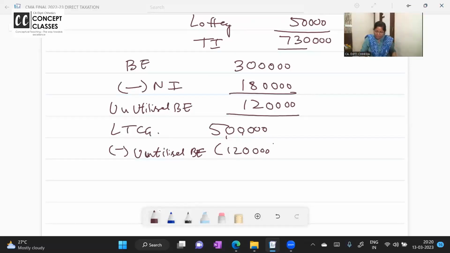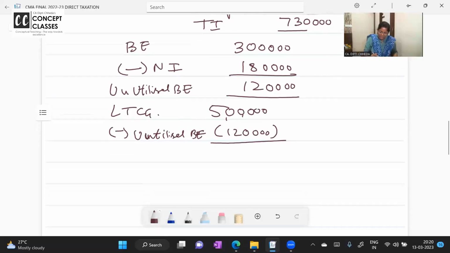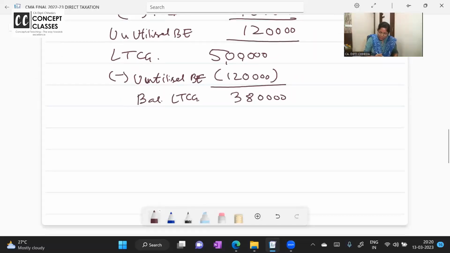So can you set off 120 here? Answer is yes. And then what is the balance taxable long term capital gain? 380. So what will be the tax on long term capital gain on property?